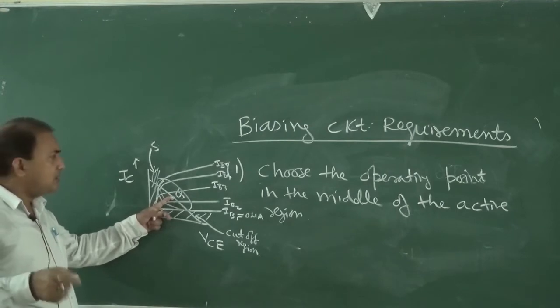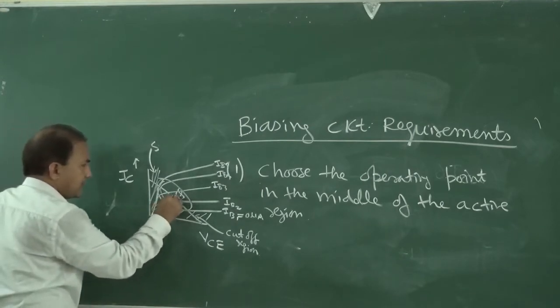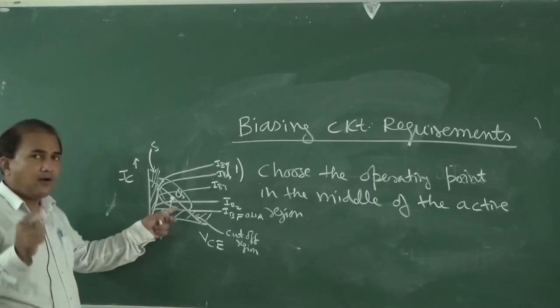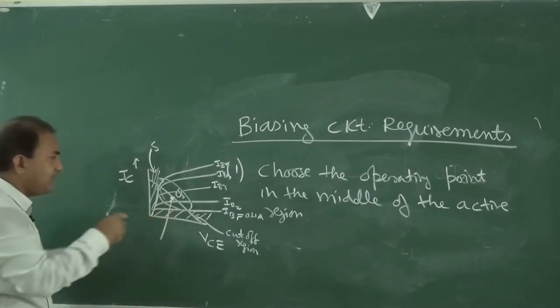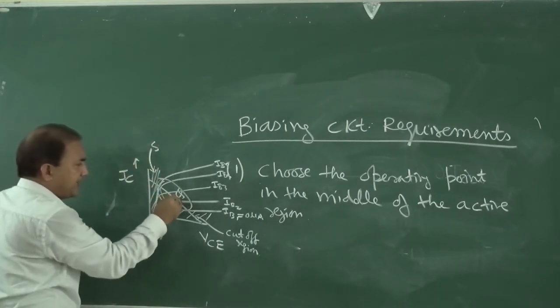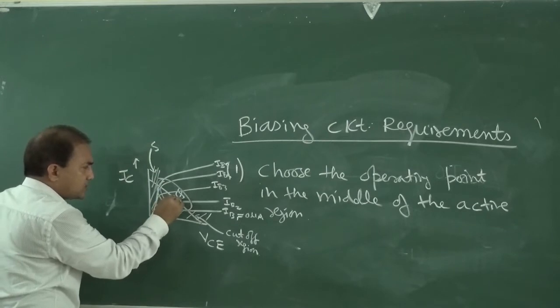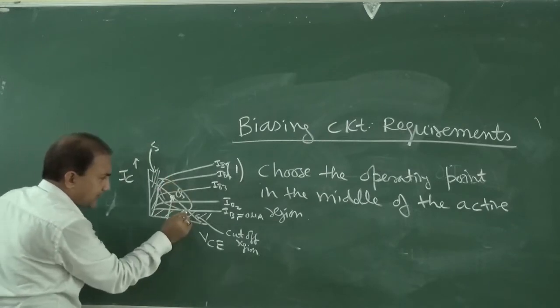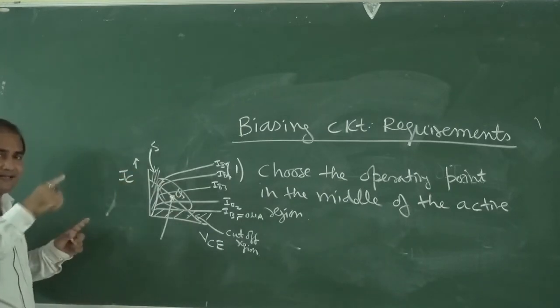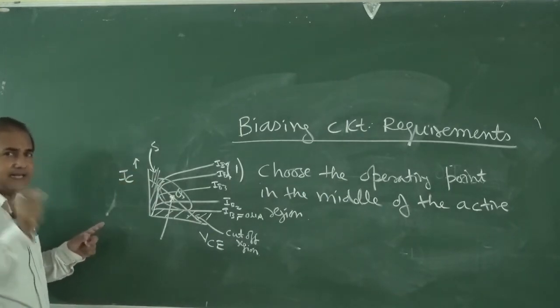This is under no signal condition. Once the signal is given to the biasing circuit, this operating point should not go to the cutoff region, or to the saturation region, even at the extreme values of the input signal.